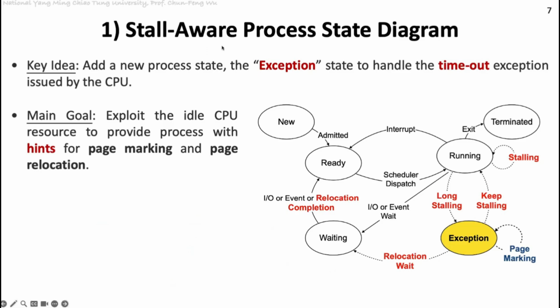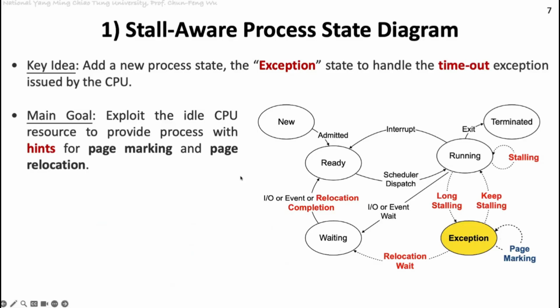When the timer interrupts the CPU core, the CPU can jump into this exception state. So the CPU can decide whether to keep running or to do the waiting things. The waiting things, as you already know, are like setting up some DMA, and then running a context switch to switch in another process and switch out the current process.